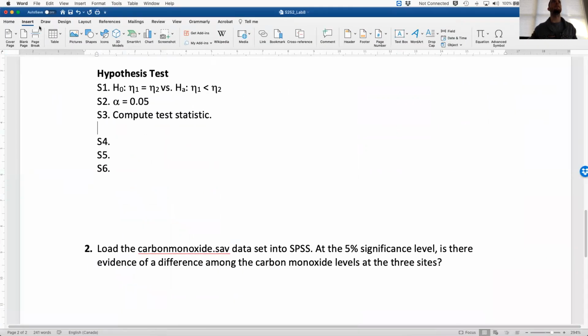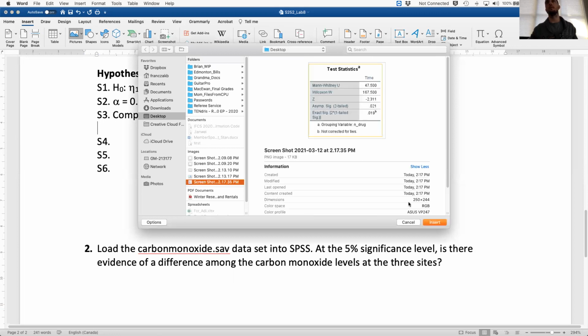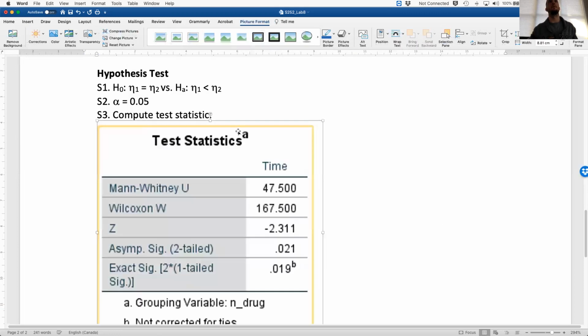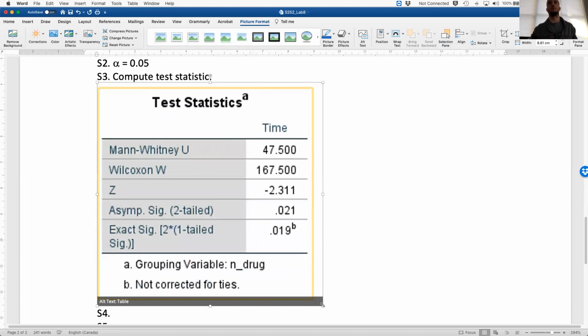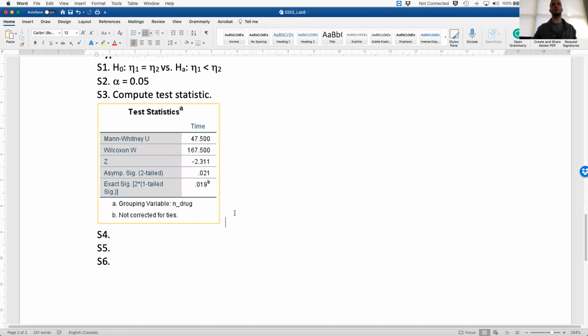Okay, so here we're going to insert pictures from file. The test statistic that we are going to use based off of what we did in lecture is W subscript 1, which is equal to 167.5.